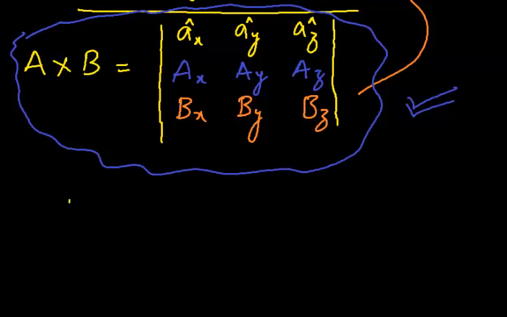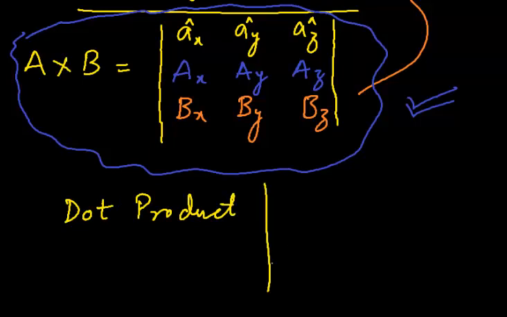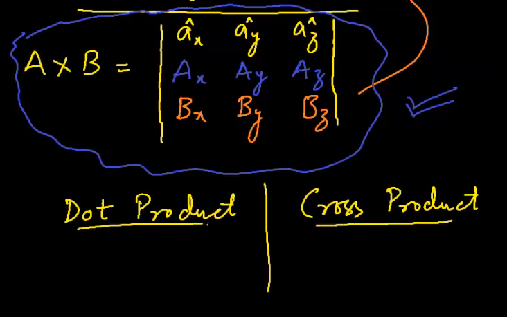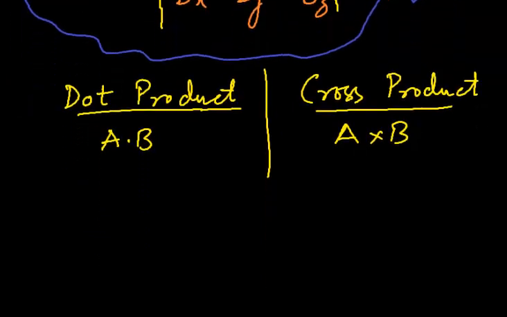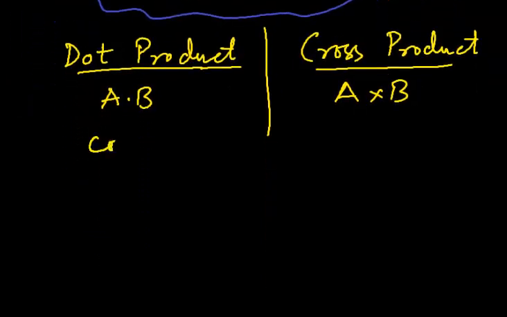One was the dot product, A dot B, and another one was the cross product, A cross B. Further comparison: here we take the cosine of the smallest angle between the two vectors, and there we take the sine of the smallest angle between them.